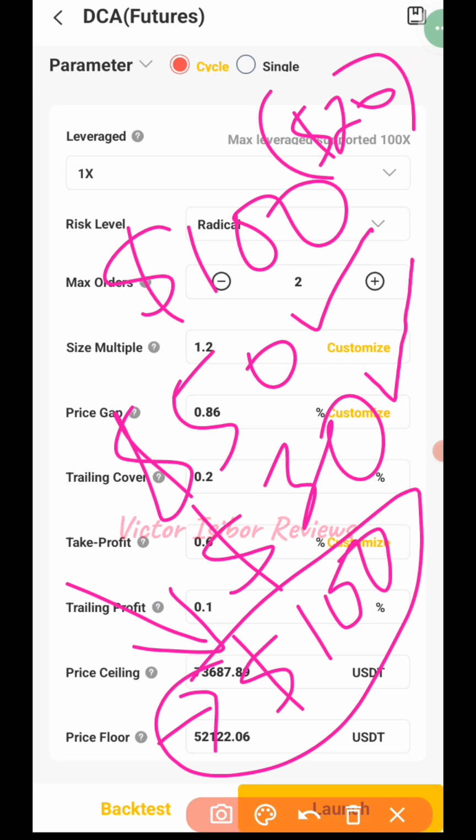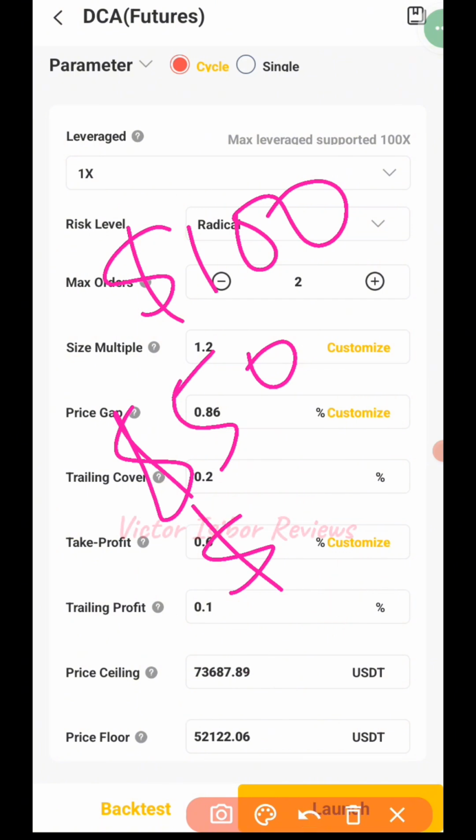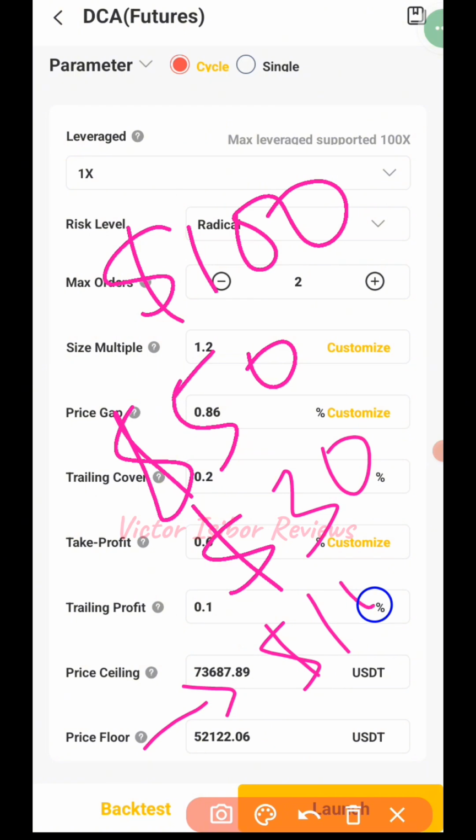Now, let me tell you what some other bots would have done in this particular situation, where you have already traded $80 inside your available fund of $100 and you are setting another trade for $100. Another bot will open the trade for you. And you're wondering, where will the bot see the rest of the money? Here is the trick. This $50 trade, maybe the first order is $5.